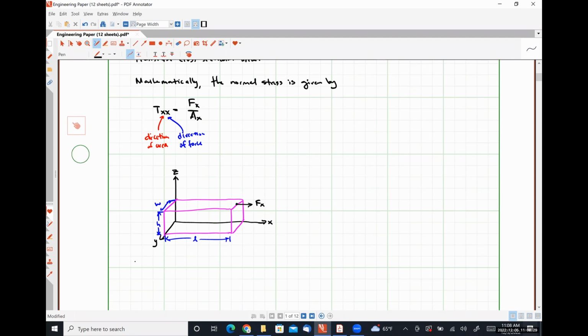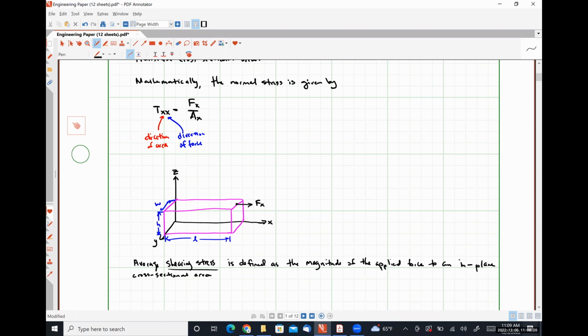So we're going to say that the average shearing stress is defined as the magnitude of the applied force to an in-plane cross-sectional area.